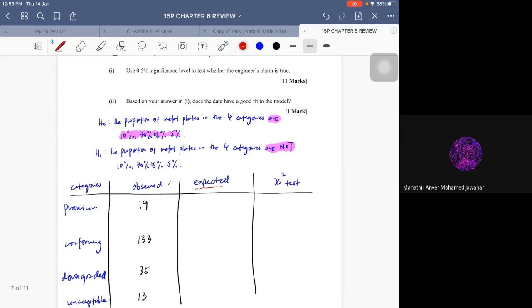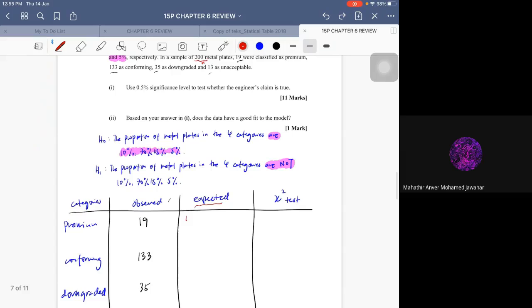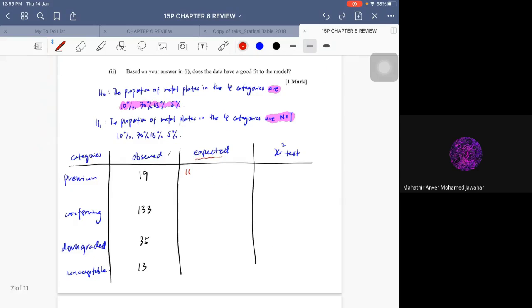So that is going to be 10% of a sample of, how many of that? 200. So that is going to be 10 over 100 multiplied by 200, and I will get a value of 20. So basically, if it actually follows that percentage, our expected value is going to be 20. And I'm going to do the same for the rest as well.